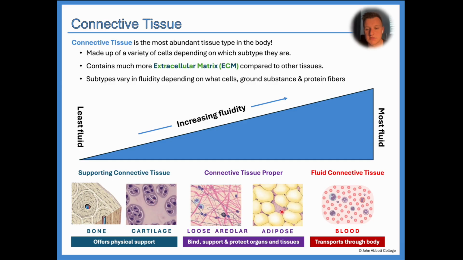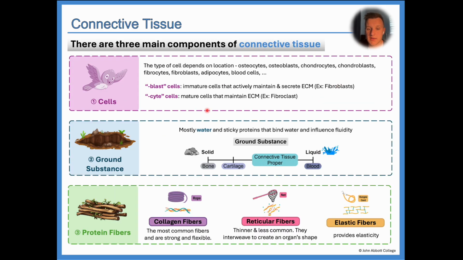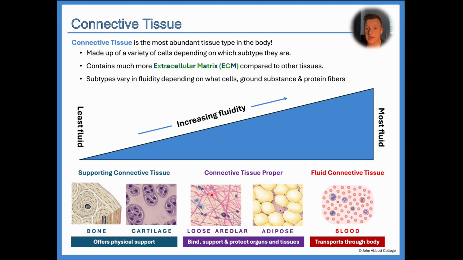Bone, cartilage, areolar, adipose, blood. They vary in fluidity depending on what cells they have, what ground substance, and what protein fibers. Based on their mix and proportions, they can change their subtype.